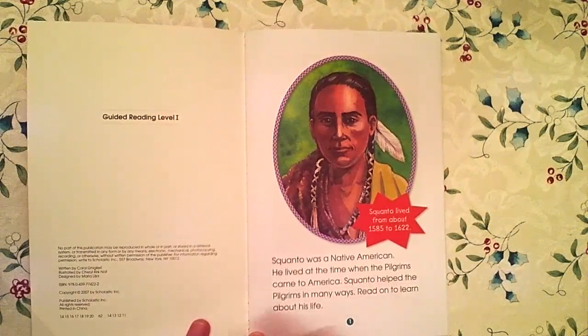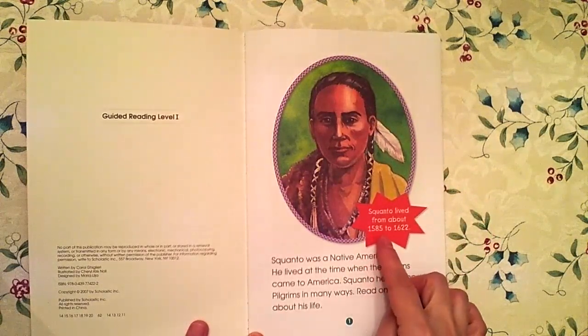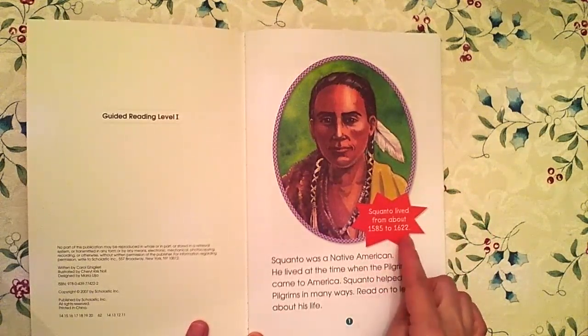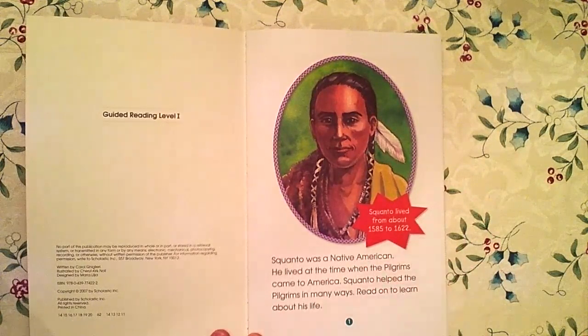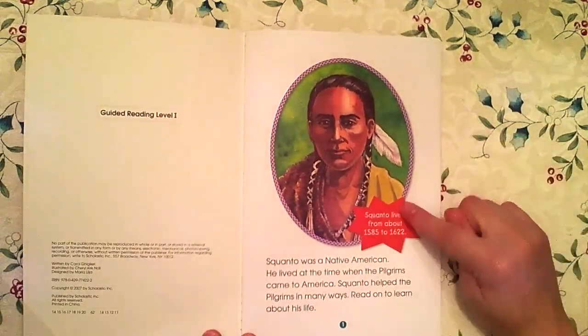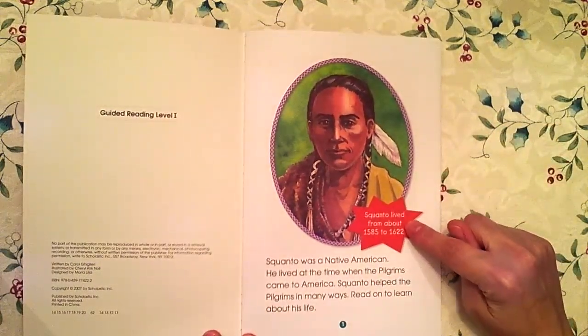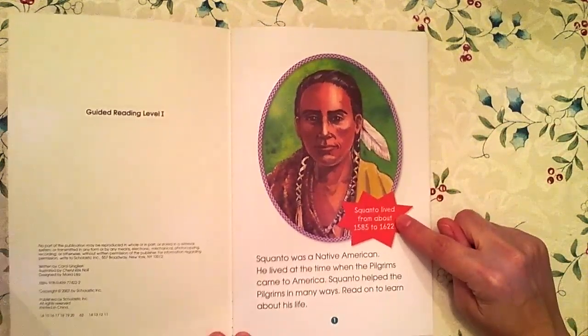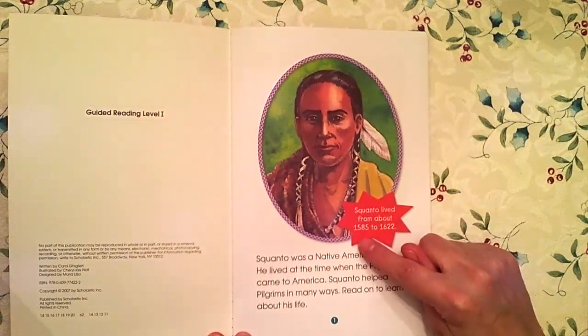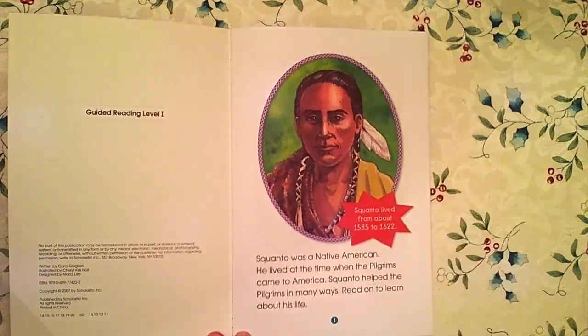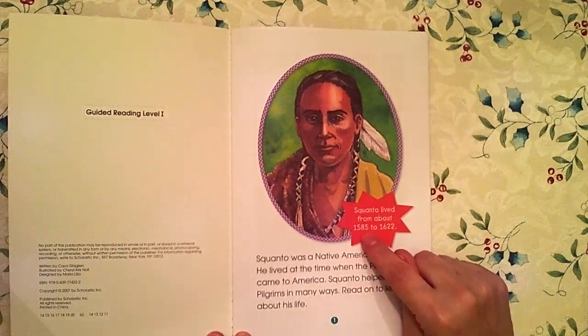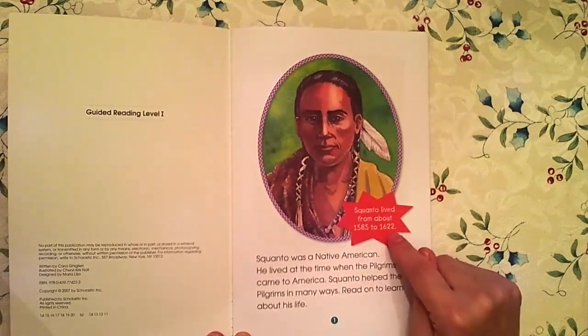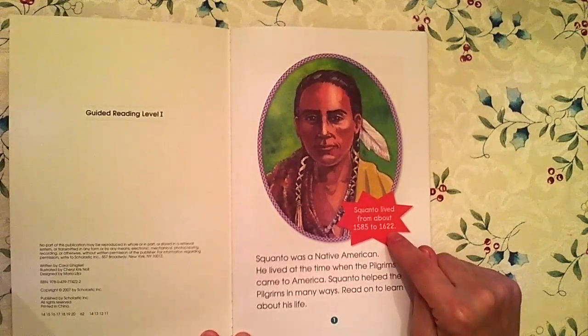Squanto lived from about 1585 to 1622. The first year is telling us that it's an approximate. It is not proven exactly when his date of birth was, but we can date him around 1585, the year of birth, to 1622, the year of his death.